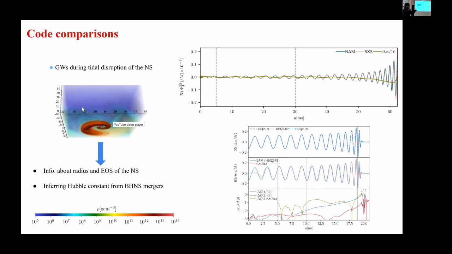So they are evolving different initial data than SXS and also compared to us. The point of these two plots is to show that even when we start with different initial data, we still have comparable results.